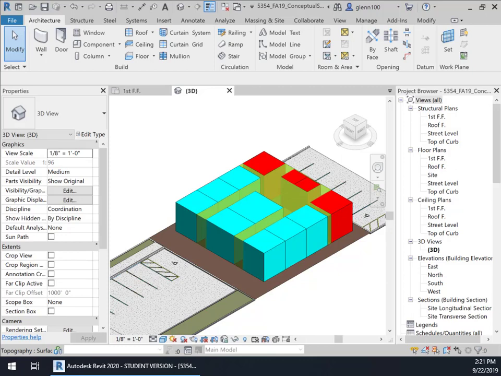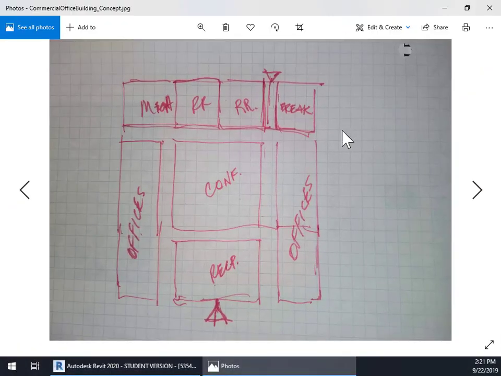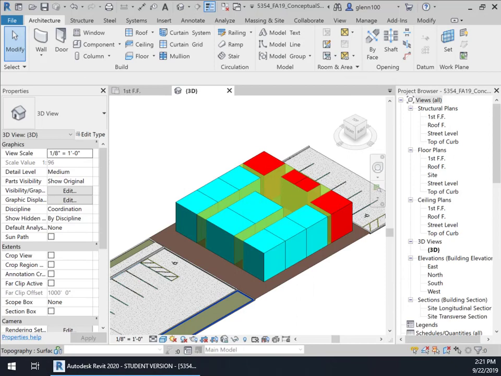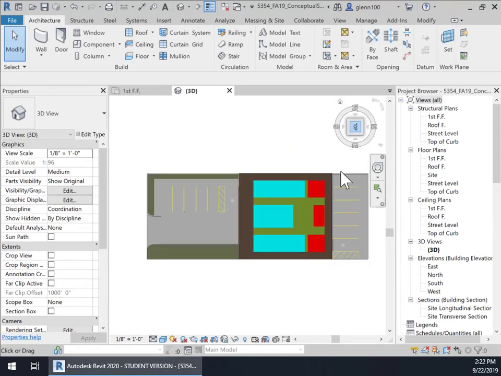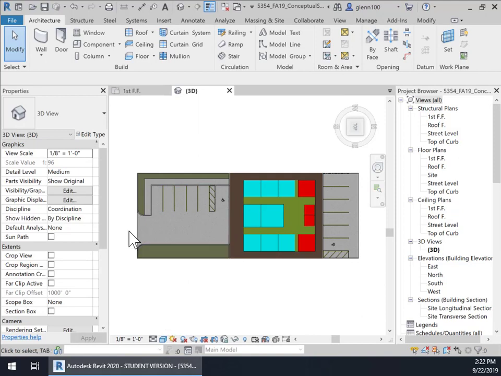The basic concept of this building here is just a small office building, and my original concept was pretty much a square building, primarily because that's what the site was predicting after I looked at how much parking I needed. This is employee parking back here and customer parking here. This would be like a law office or accountant's office or something like that.